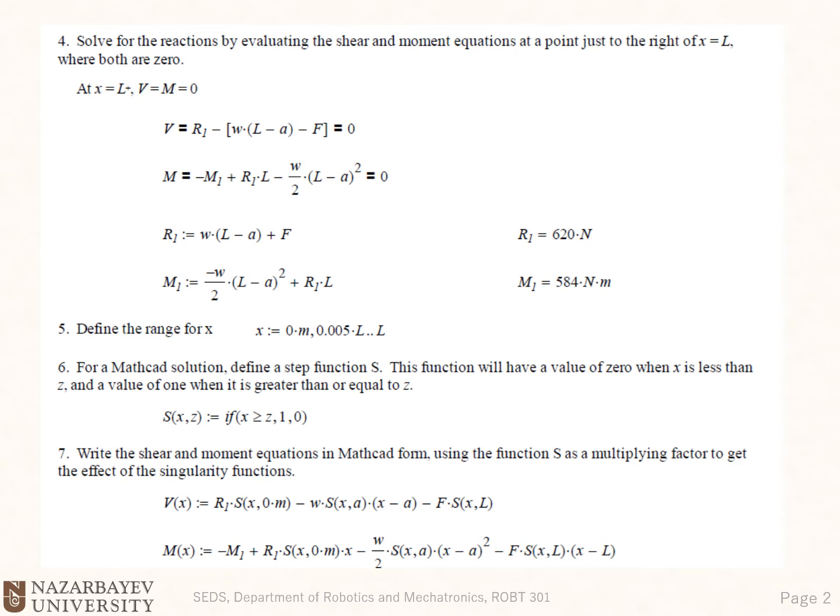Now, if you substitute these conditions into the equations that we already derived, we'll have the first and the second equations. Now we could find R1 and M1 based on these two equations. If you substitute the values of F, A, L, and W, you could find R1 and M1.